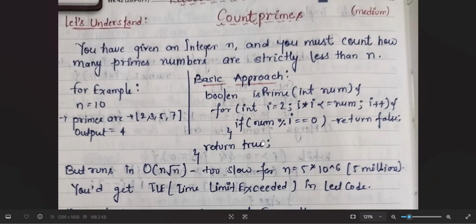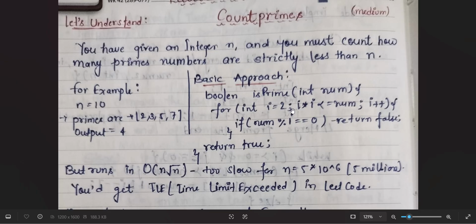Here is the basic approach that we are taking. First, to find whether a number is prime or not, we take a boolean function isPrime for the number. We iterate with a for loop where i starts from 2 and i times i is less than n, and then i plus plus, moving to the next number.